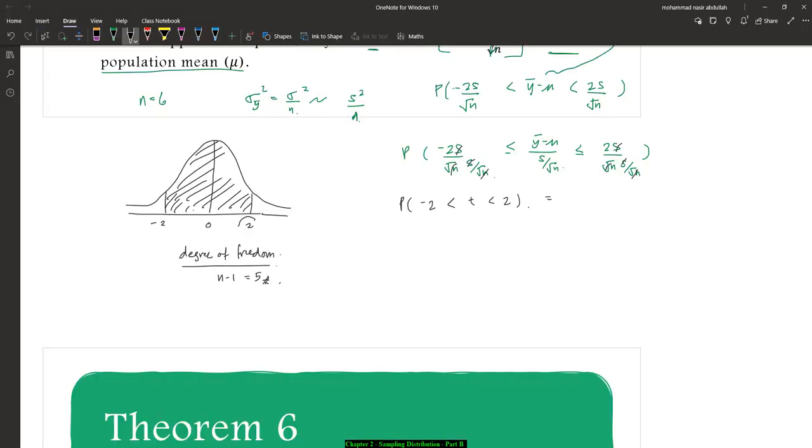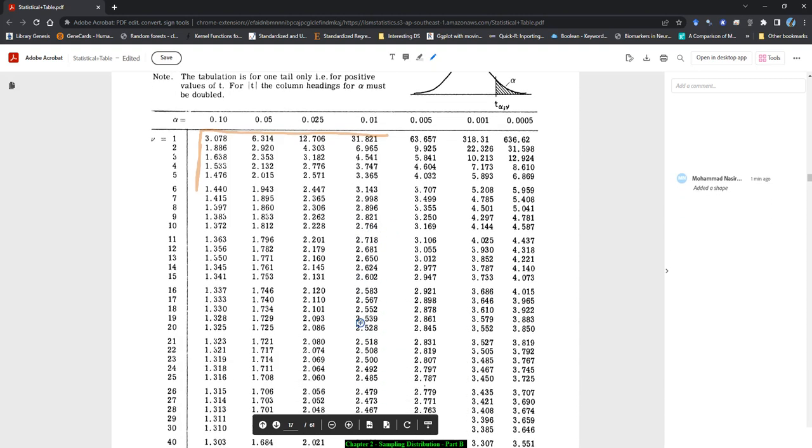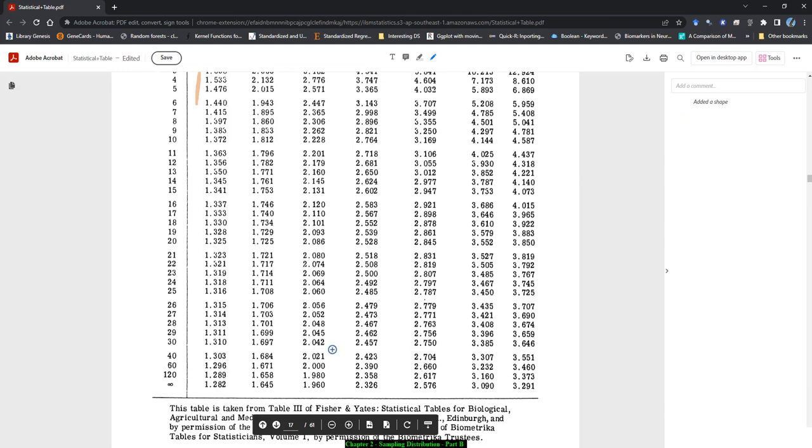So we have to look inside the table for the value equal to 2 or nearest to 2. We see here the value near 2 or equal to 2 is this one, 2 at the bottom.